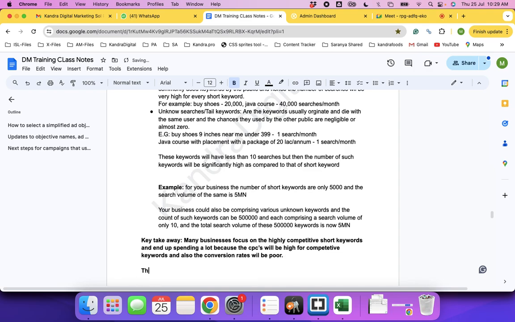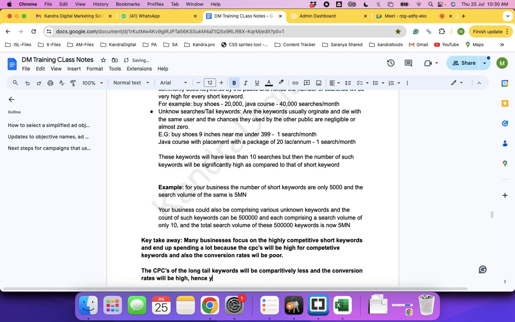Okay, the CPCs of the long tail keywords will be comparatively less, and the conversion rates will be high.